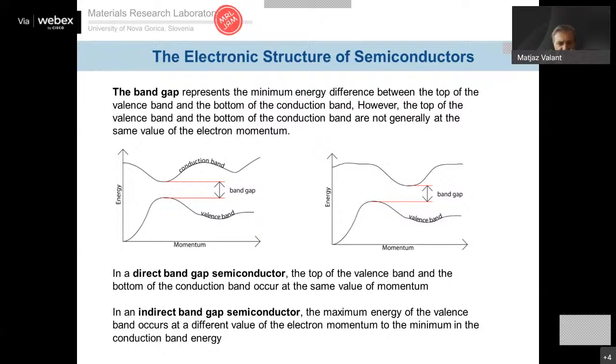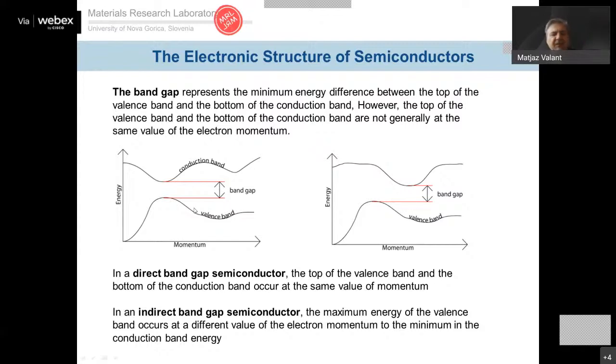In some cases, the minimum and maximum will be at the same momentum, one over another. In some cases, they won't be. It will be shifted. So this is how we distinguish the direct band gap from the indirect band gap.